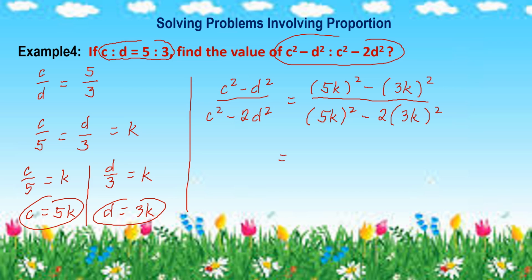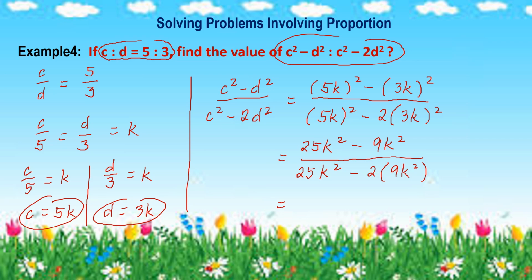Simplify, 5k raised to the second power is 25k squared. 3k squared is 9k squared over 5k squared, again, is 25k squared minus 2 times 3k squared is 9k squared.